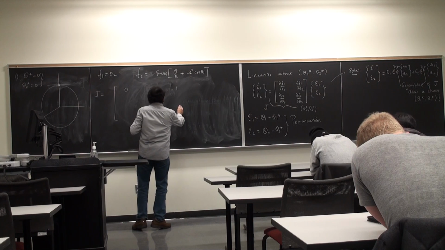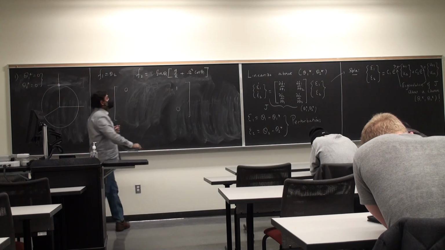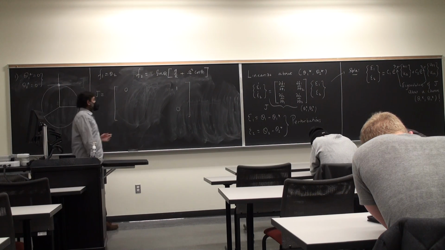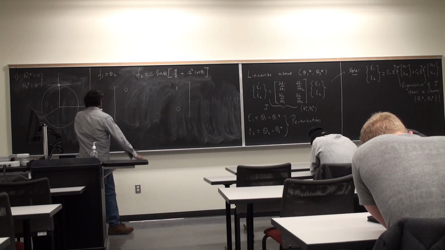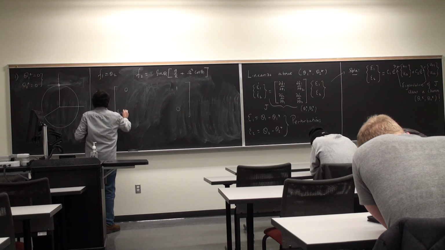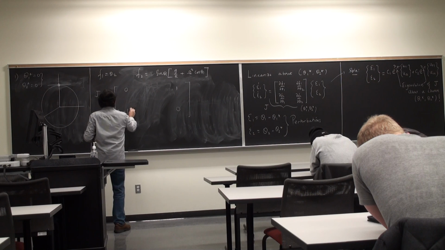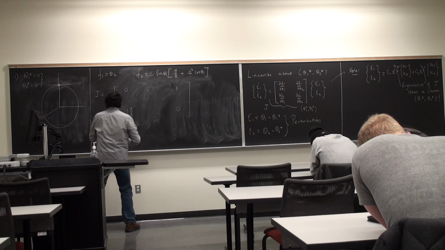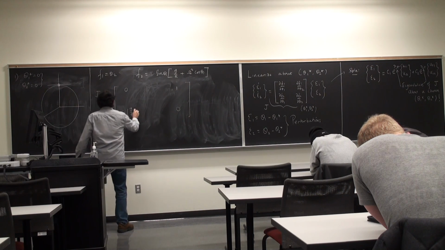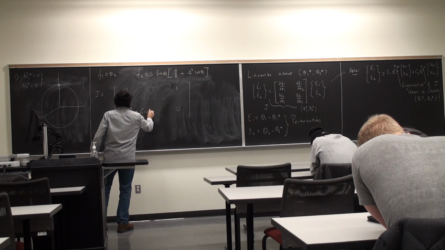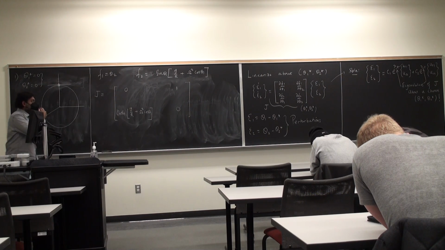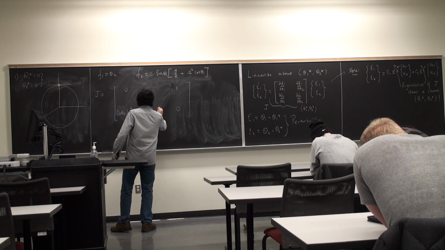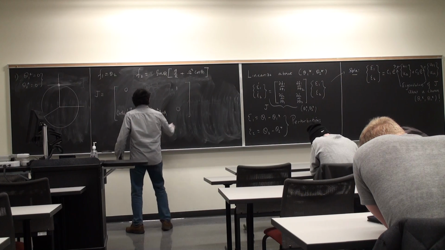So df2 by d theta 1 is going to be done using the product rule. So I have sine theta 1 differentiated, so this is cosine theta 1 times (g by r plus omega square cosine theta 1), plus sine theta 1 times the differentiation of cosine theta 1, which is going to be minus omega square sine theta 1.